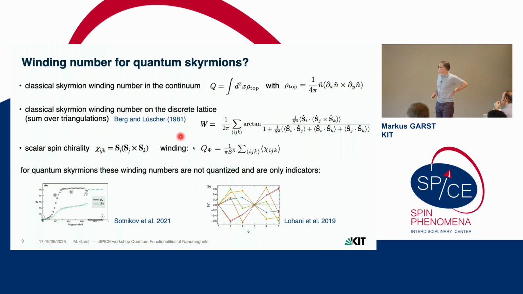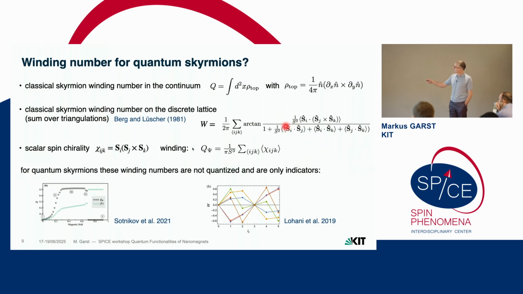This question was asked many years ago, and Berg and Lüscher gave an answer that you can actually calculate that Q or W, depending on the literature. Sometimes this is called a topological charge with letter Q or winding number with letter W. So you can actually calculate that for a system on a lattice.